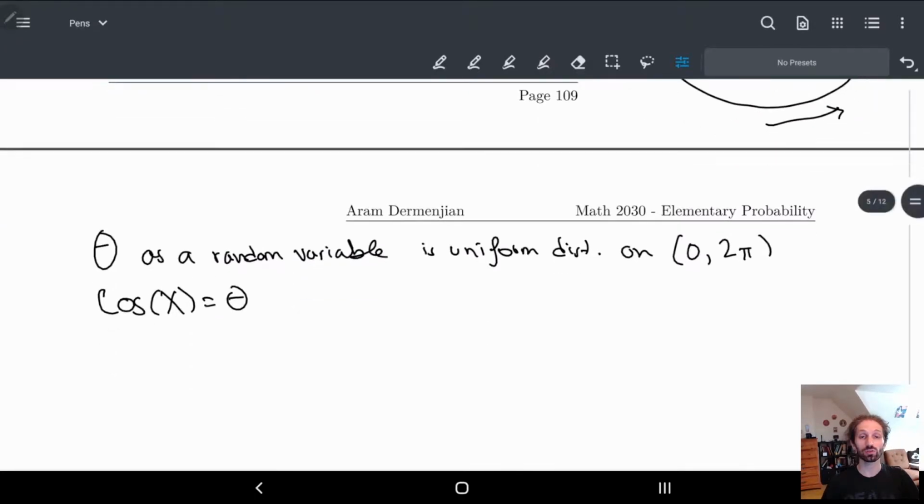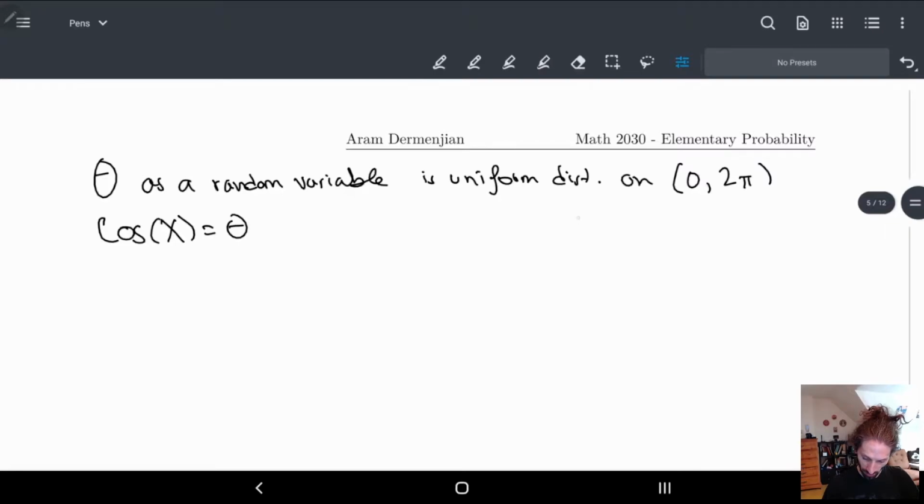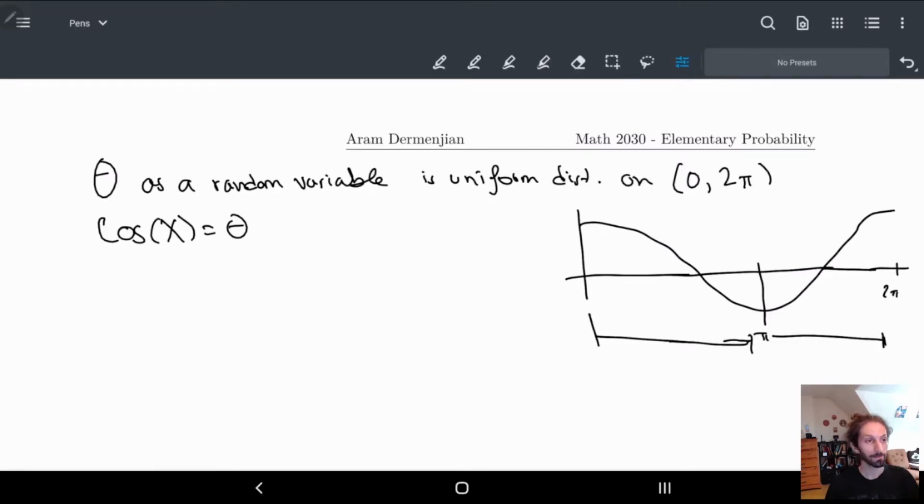And so we can use our many to one function to go from here. If you think about cosine, it looks like this, right? So it goes down until pi, and then it goes back up until 2 pi. So we have to break it up into two areas, one where it's decreasing, and one where it's increasing.